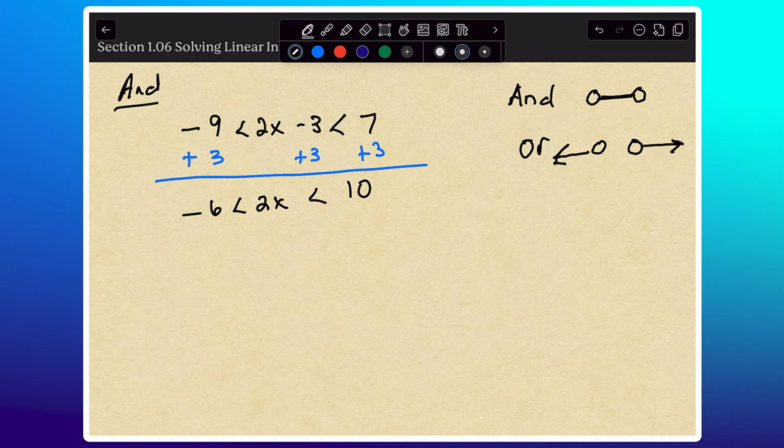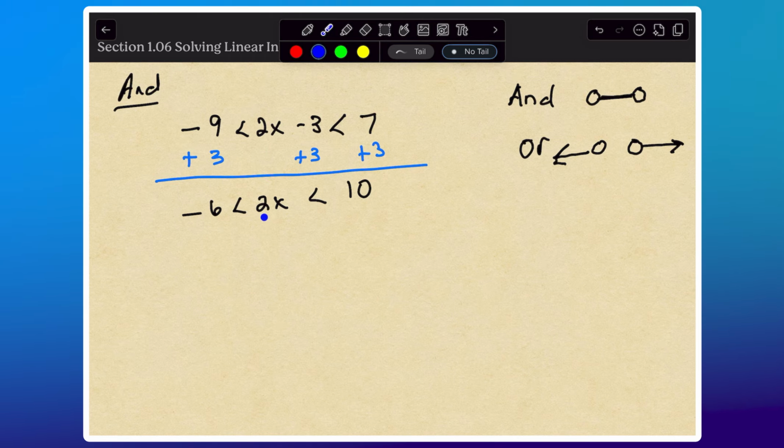Now we will need to solve for this 2x right here. See this 2 right here in front of this x? It needs to go away. So what we're going to do is another division move.